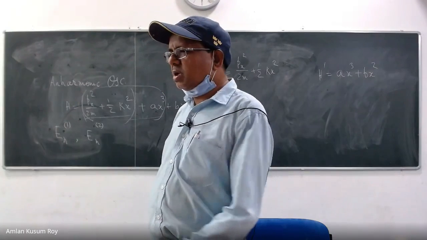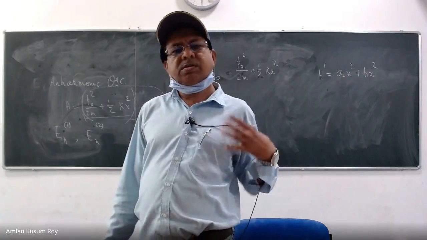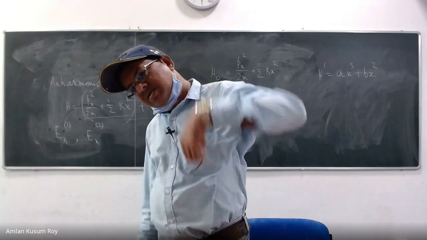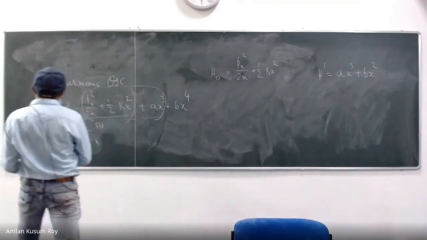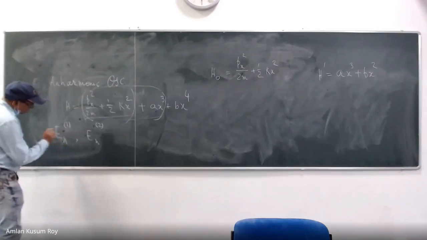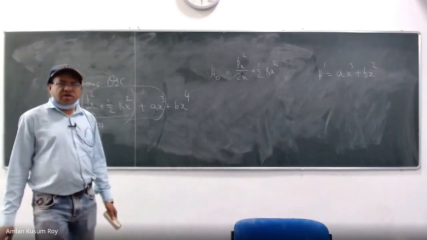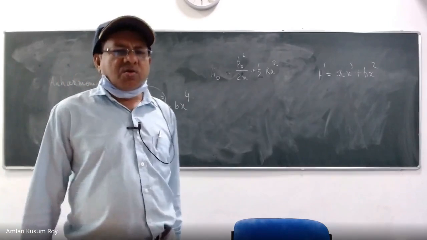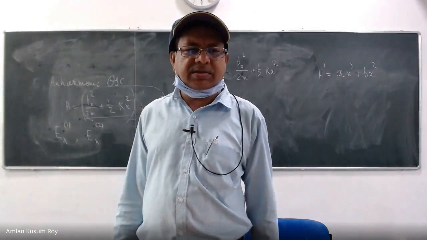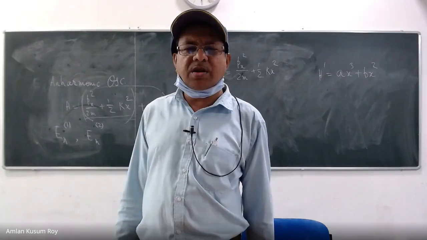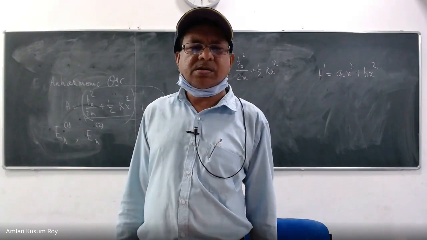Rohan, which state I have asked? Of the nth state. So when I say nth state, that means you are supposed to write an expression which will be true for all states. Did you understand that?